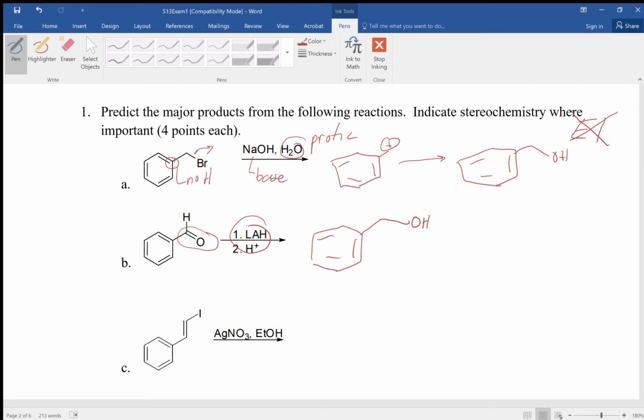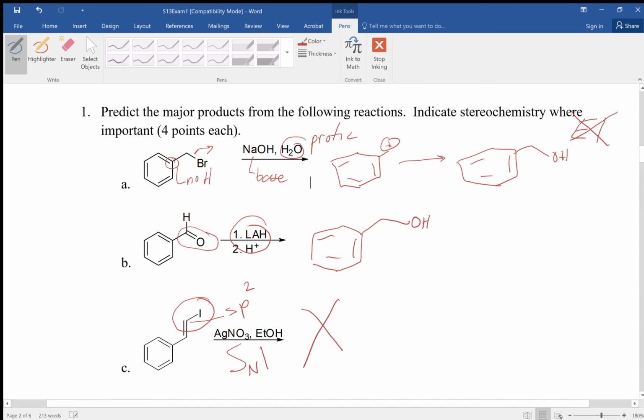And so these were the conditions that strongly favored SN1. However, our leaving group here is on an sp2 carbon. And hopefully you recall that both SN1 and SN2 reactions do not work on sp or sp2 carbons, and so this reaction won't work at all.